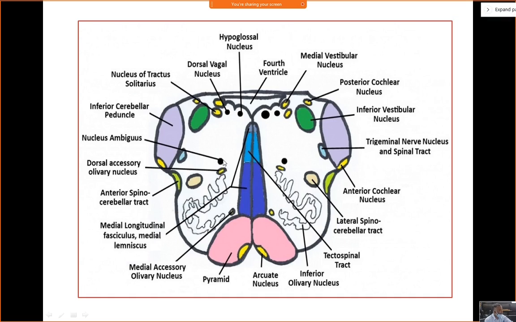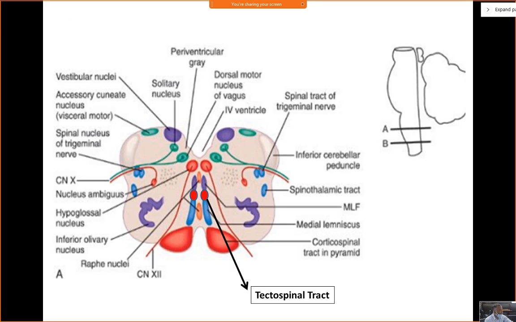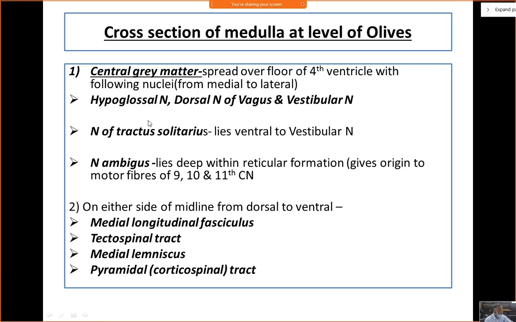It is a composite nucleus, and it carries motor fibers. It is made up of the 9th, 10th, and 11th cranial nerves. 9th is the glossopharyngeal, 10th is the vagus, 11th is the accessory. So they will supply the muscles which are derived from the branchial arches.